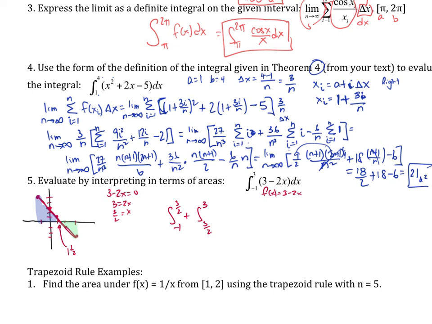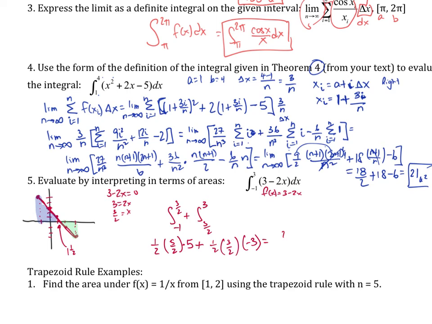So for this triangle, 1/2 times the base, which will be 2.5, so 5 over 2, times its height right here, which will be 5, plus this triangle, that's going to be 1/2, and it's going to be 1.5 in length, so that's 3 over 2, and the height here, but be careful, we're going negative, that's going to be -3.